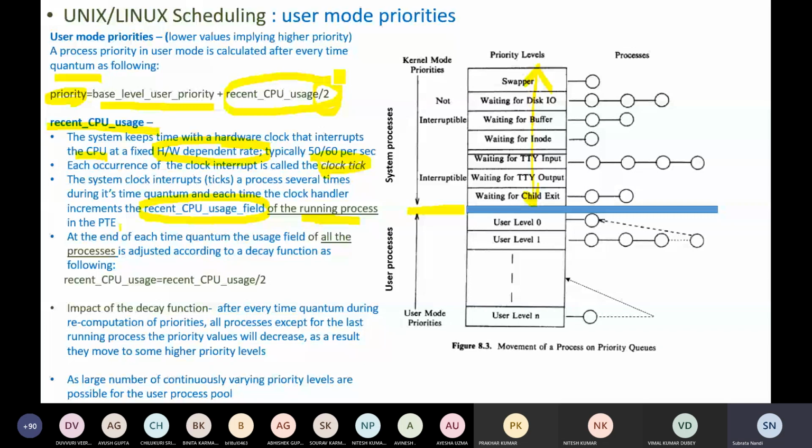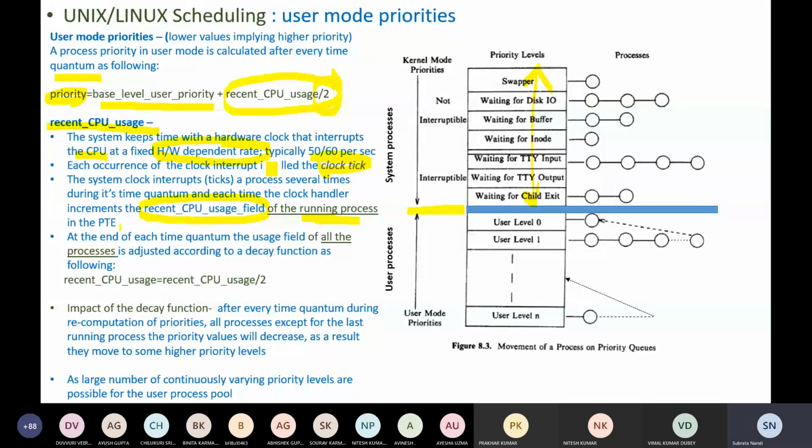If you are waiting without using the CPU, the usage you accumulated since your last usage will be decremented in every time quantum. Gradually your priority values will decrease, and your chances of getting the CPU will increase. Got the point? So it's a dynamic process.